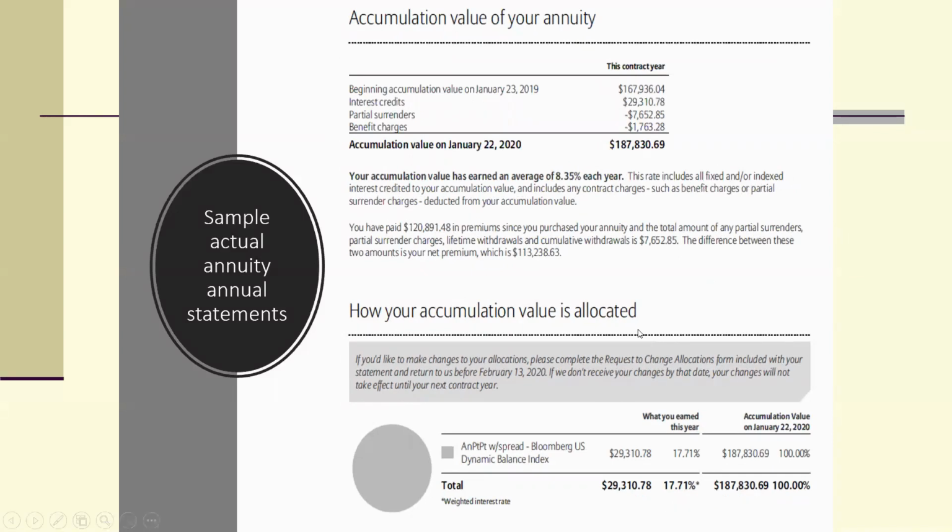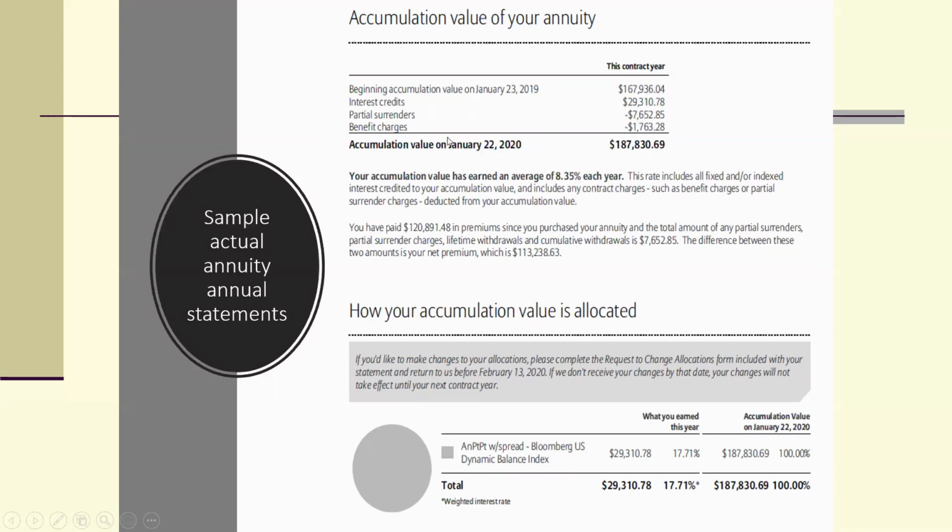This is another example. Now, this person's anniversary was January 22nd, so it was before the COVID pandemic. But as you can see here, this person enjoyed an interest credit of 17.7% for a total of $29,000 on their contract. But they experienced no losses after that.